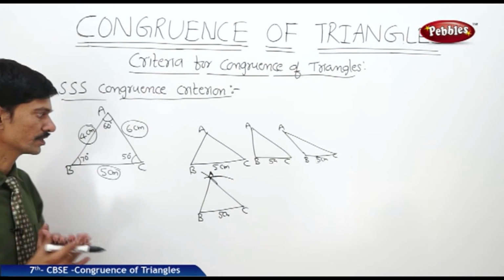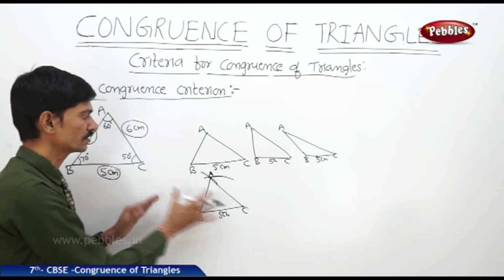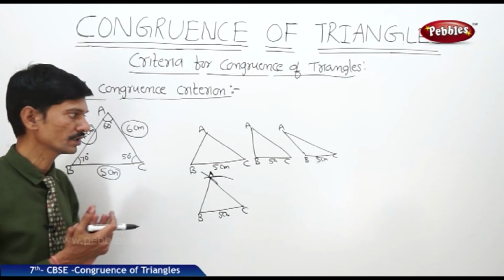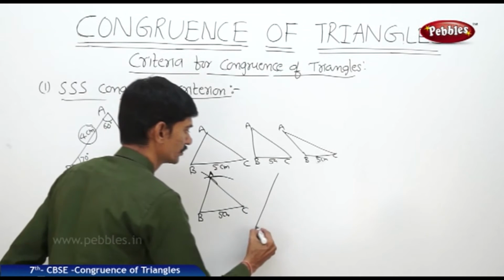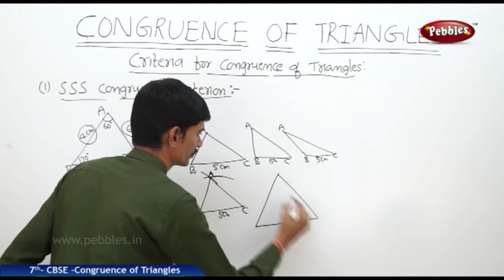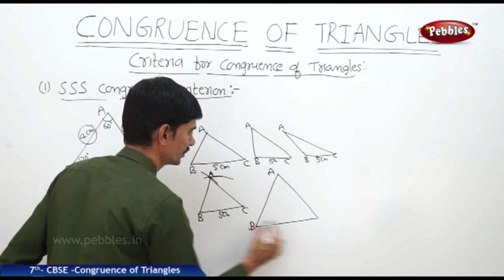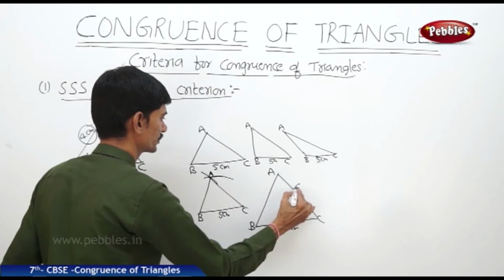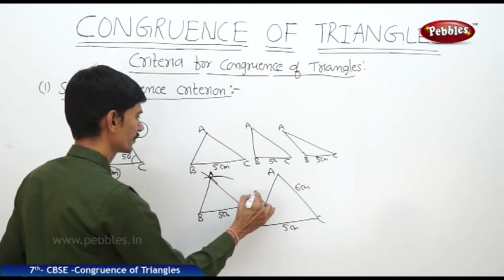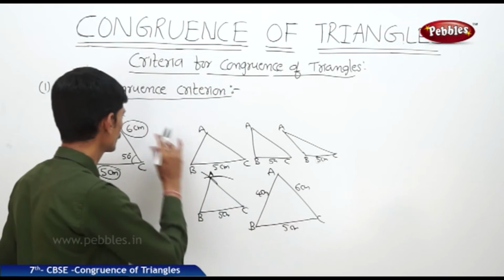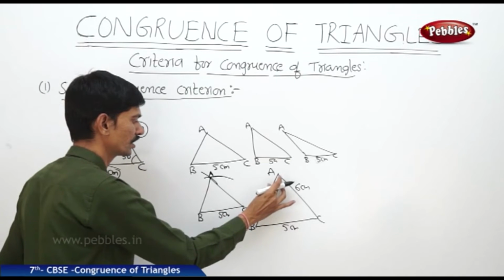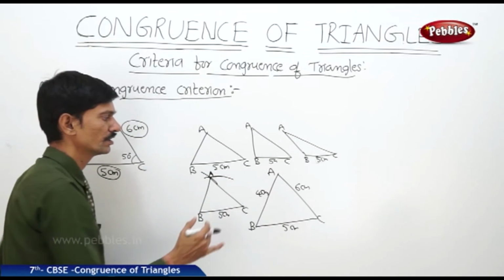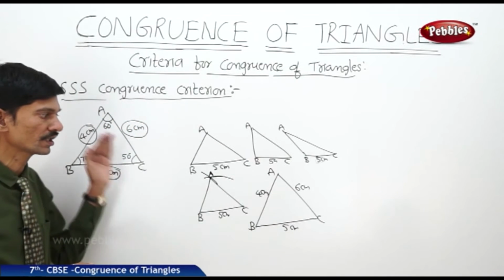Now we can observe that these two triangles are congruent to each other. Here BC is 5 centimeters, this side is 6 centimeters and here 4 centimeters. The given triangle ABC and this triangle ABC are copies of each other, meaning they are congruent.